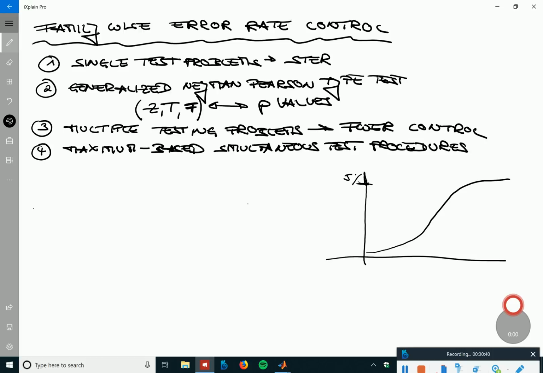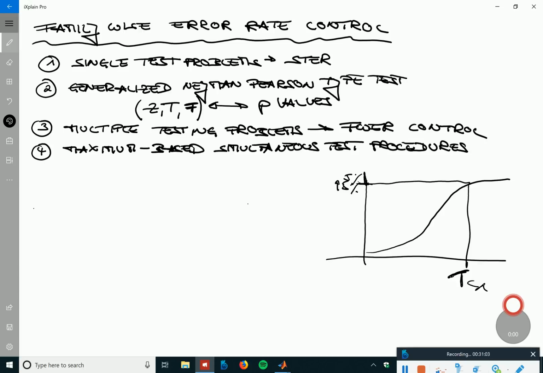So we want to look up this t-value here, which we call C alpha. And so what we need to put in is 95, right?